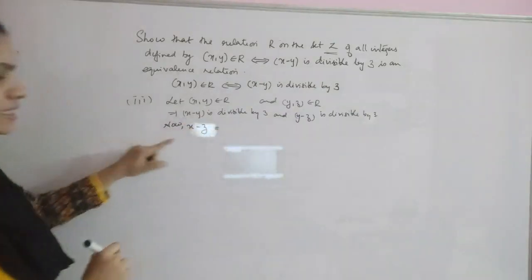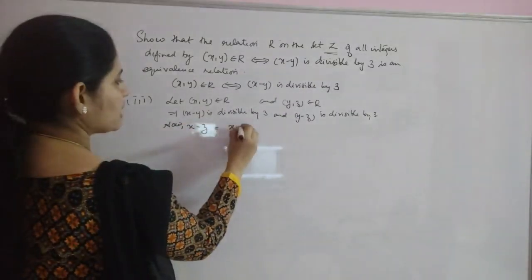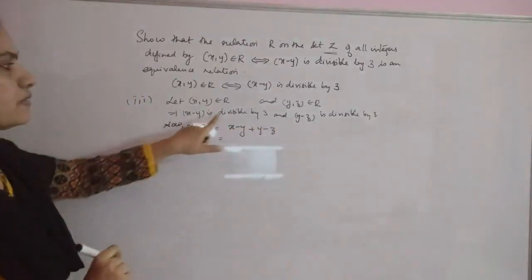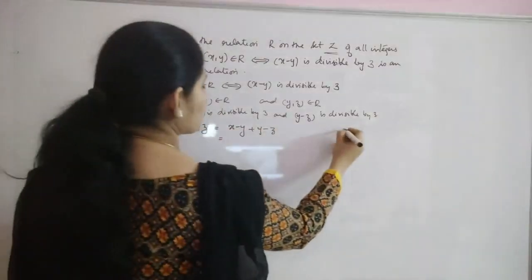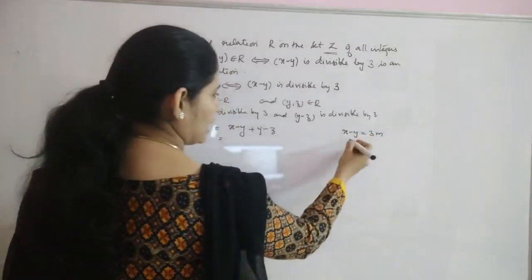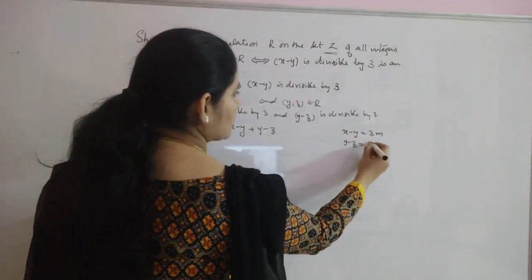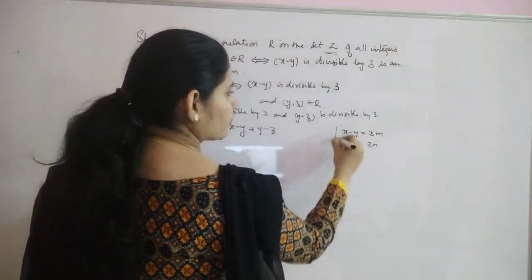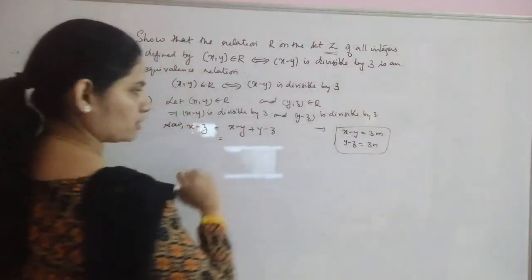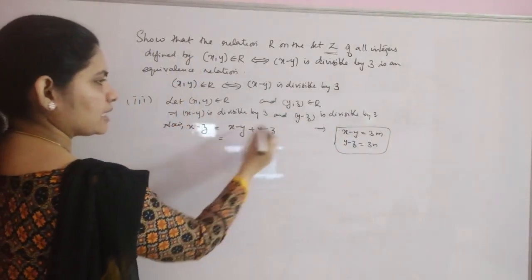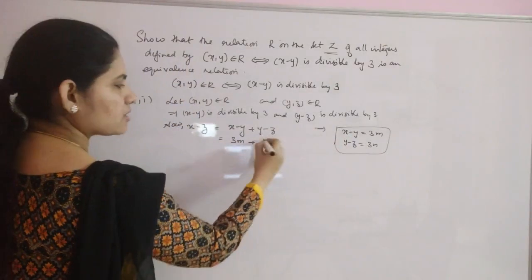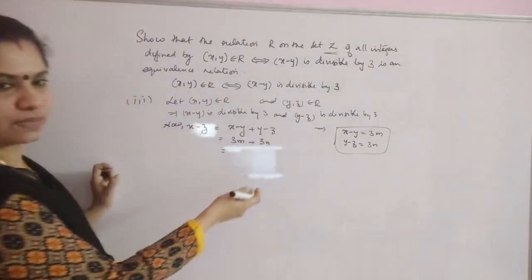x minus z can be written as x minus y plus y minus z, right? Now divisibility means what? x minus y is divisible means x minus y is a multiple of 3. Again y minus z is a multiple of 3, right? So we are applying these here. That means x minus y is a multiple of 3, and y minus z is another multiple of 3.